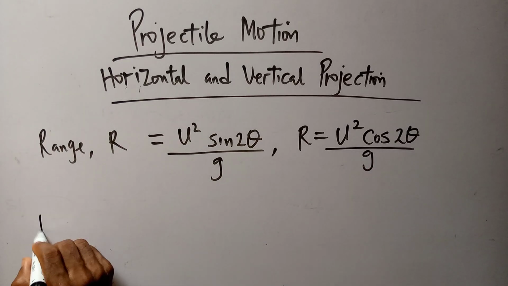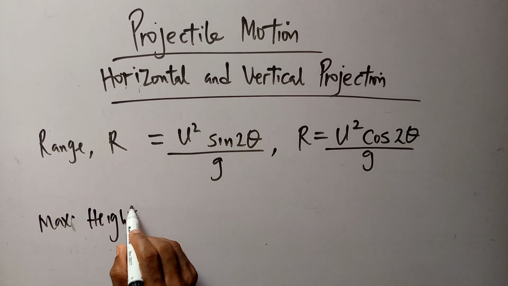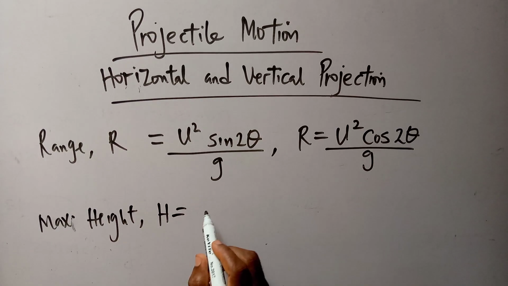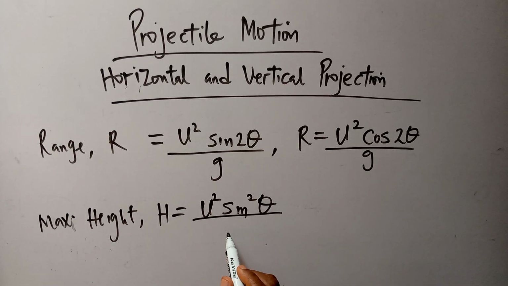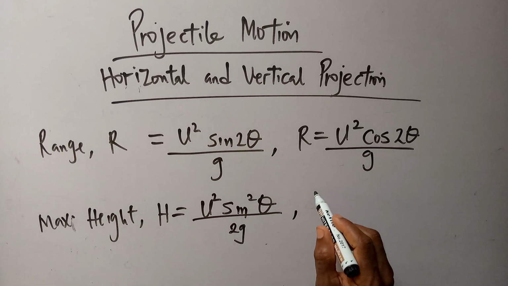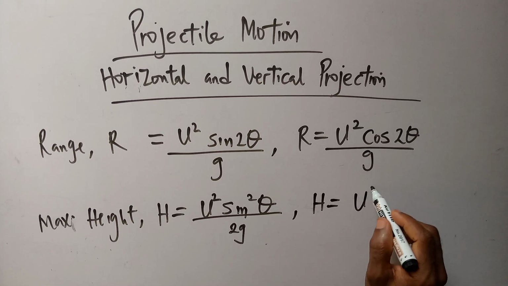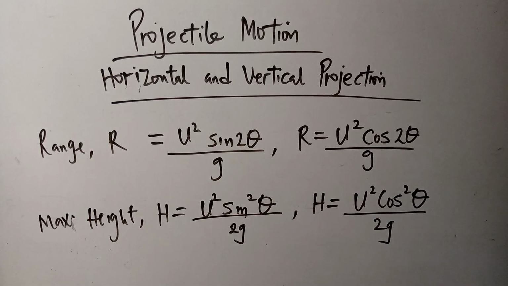Also, the maximum height can be calculated using the formula u squared sine squared theta over 2g. This is for horizontal projection. For the vertical, we have u squared cos squared theta over 2g. Next, let's look at the formula for the time of flight.